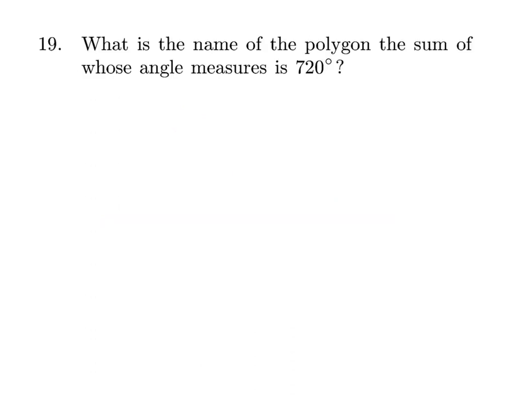What is the name of the polygon, the sum of whose angle measures is 720? Okay, and I think they're referring to the interior angle measures. So n minus 2 times 180 is your formula for the sum of the angles of a polygon. In this case, it's 720. So I'm going to divide by 180.